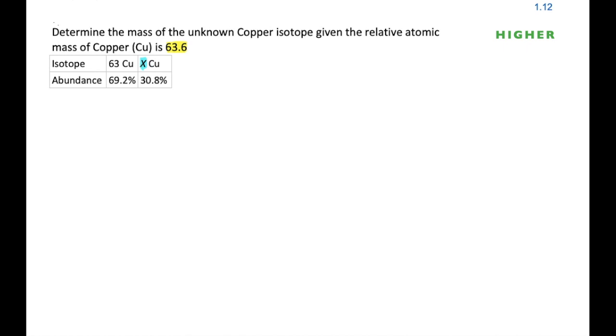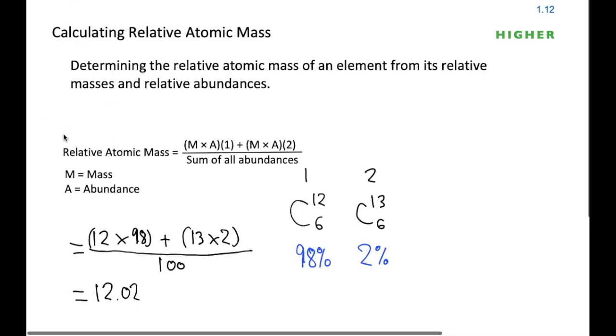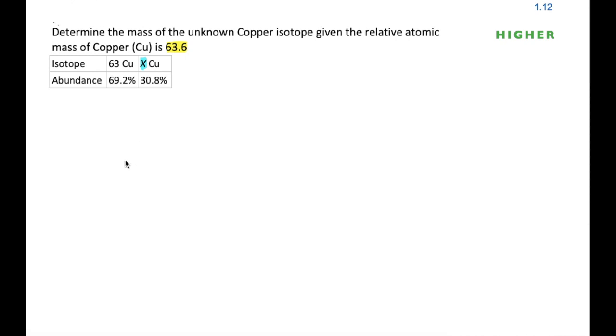And in this question, we're actually given the relative atomic mass first, and we need to work out one of the isotopes, which is the opposite of what happened here. But we know the equation, so we can just start to write this out. 63.6, which is the relative atomic mass. We've got our first isotope, so we multiply the mass number, which is 63, by the abundance, which is 69.2.